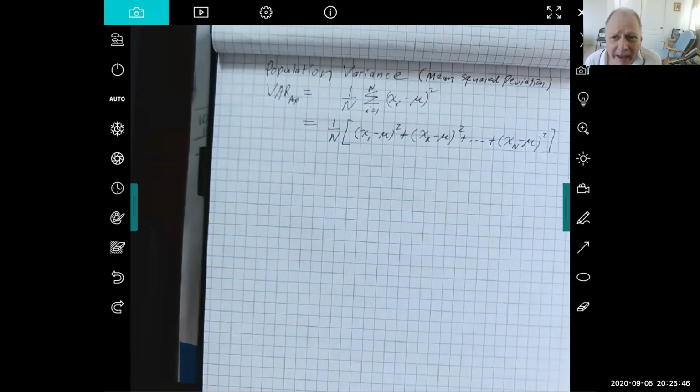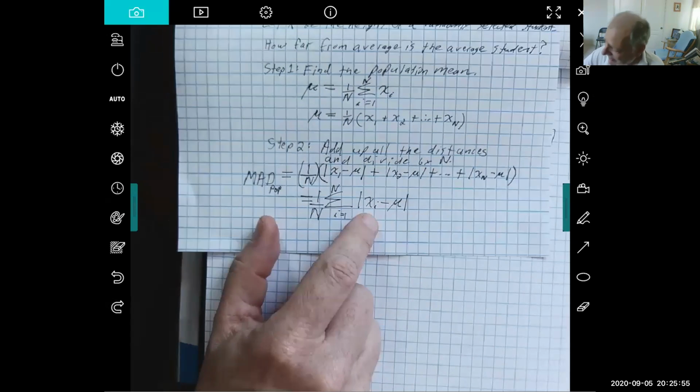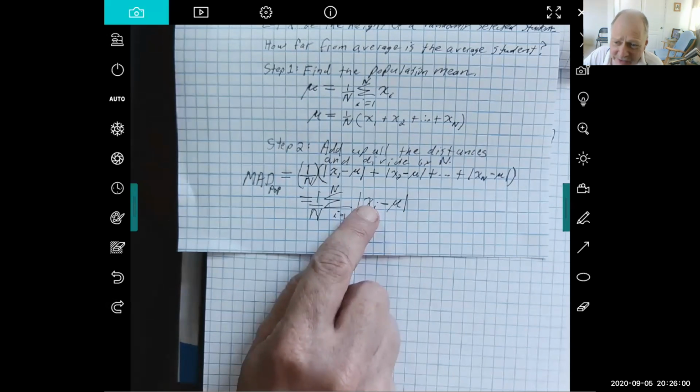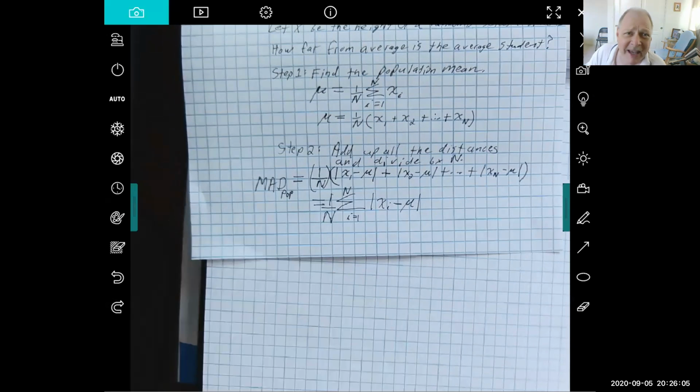But I want something that's more like what I had a second ago. See, with this thing, when I subtract, I get how tall you are minus the mean, and it's a number of inches, and I average this, I get a number of inches. And it's easy to understand because you can say, okay, on average, people are 2 inches different from the average.